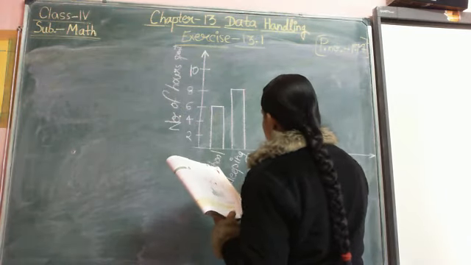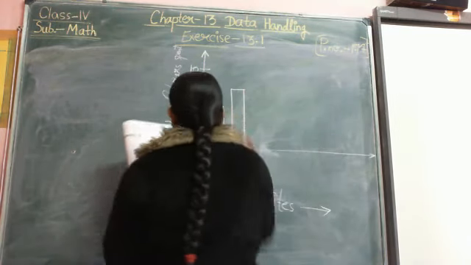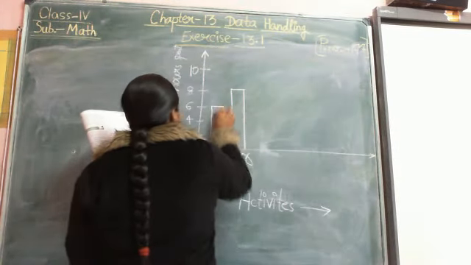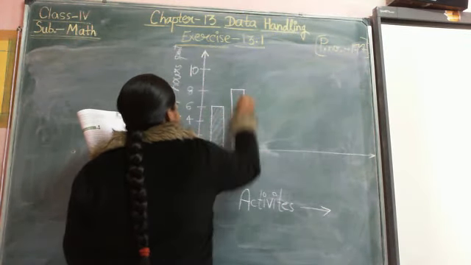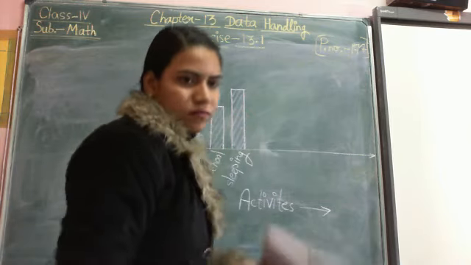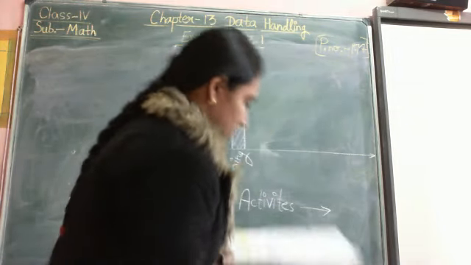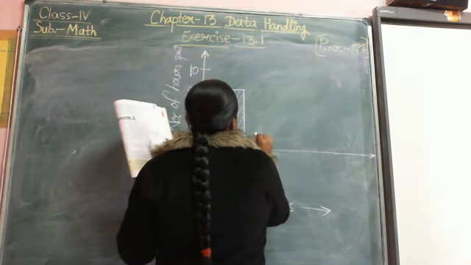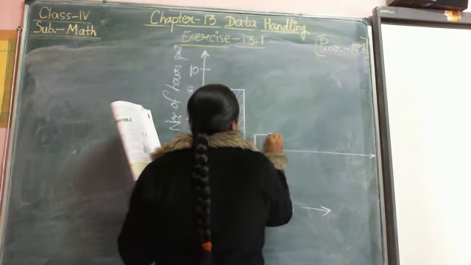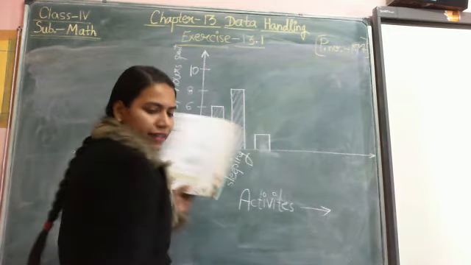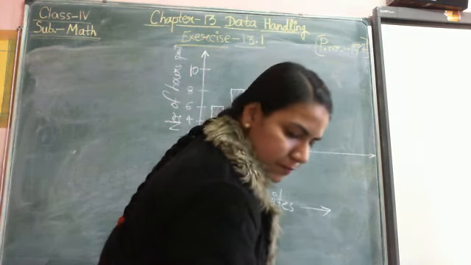Okay, now let me draw the next one. Next, playing. The bar of playing is up to 2. It means for 2 hours he played.